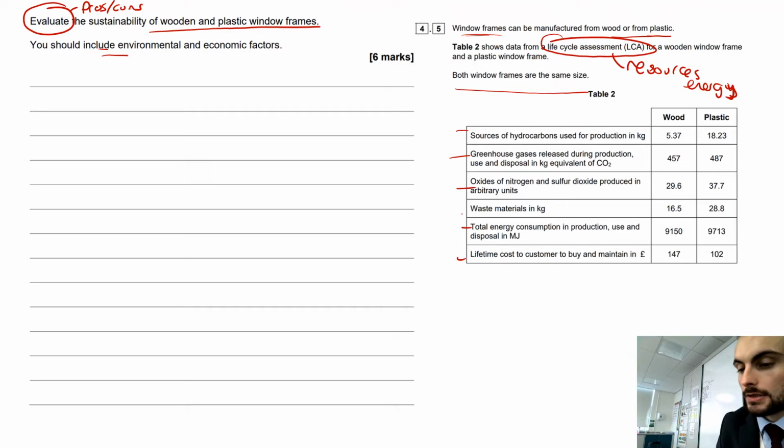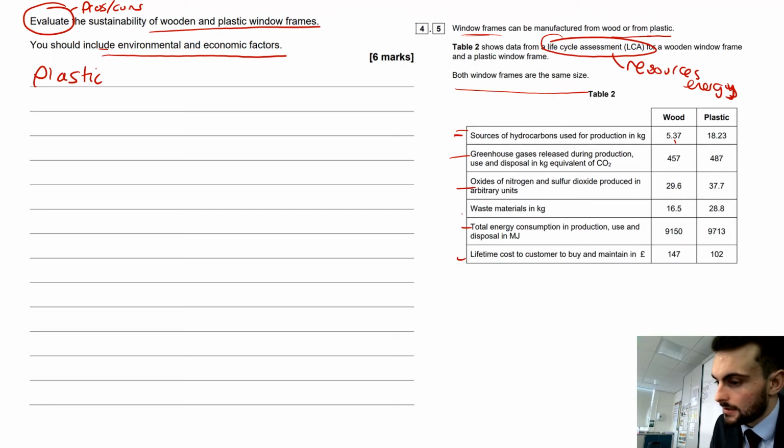That's telling us that to get the full answer, we need to link what we are saying in our comparison to our scientific knowledge, linking it to the environment and the economy. So we compare the two. We'll focus on plastic for the majority of this, but it doesn't matter which way around; if you do the converse, it's the same thing. Let's look at the first one. Wood uses 5.37 kilograms of hydrocarbons for production, and plastic uses 8.23.